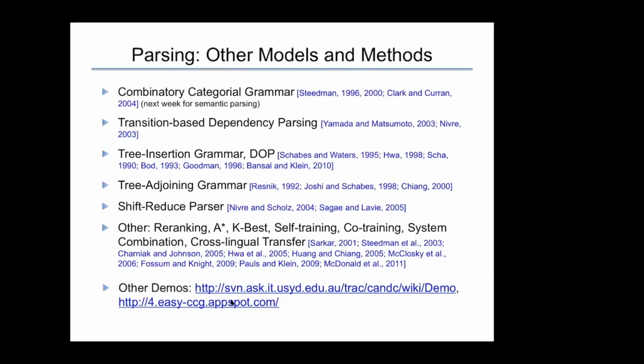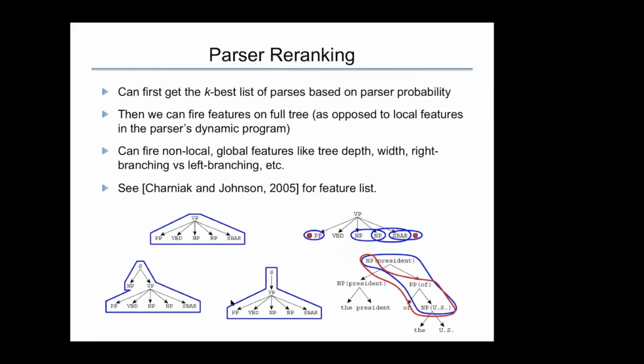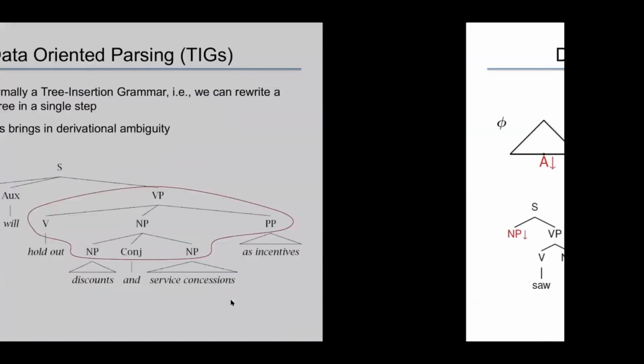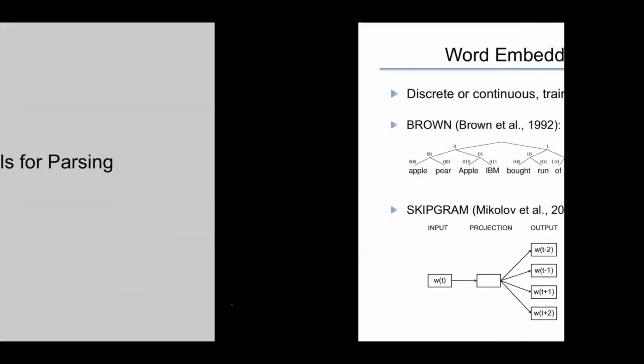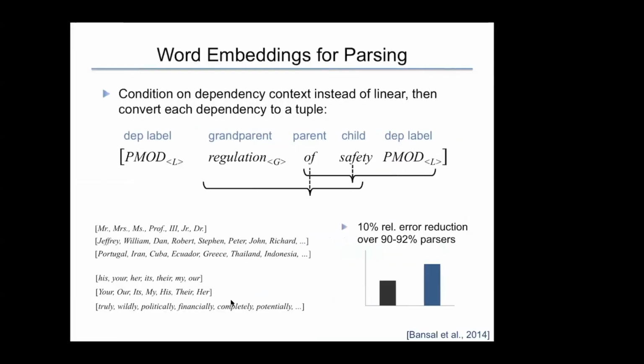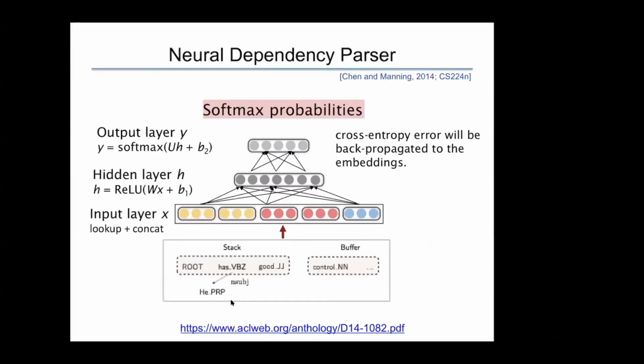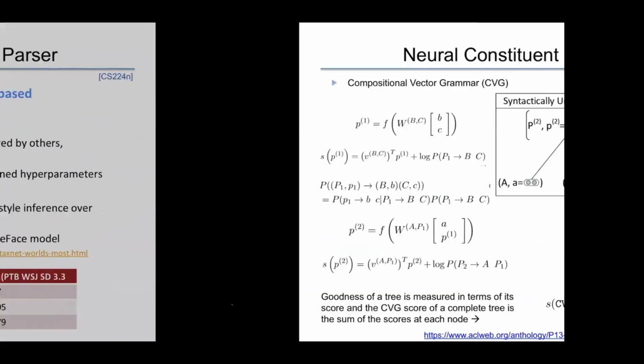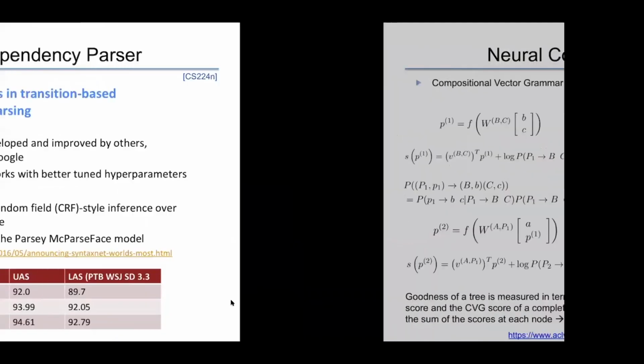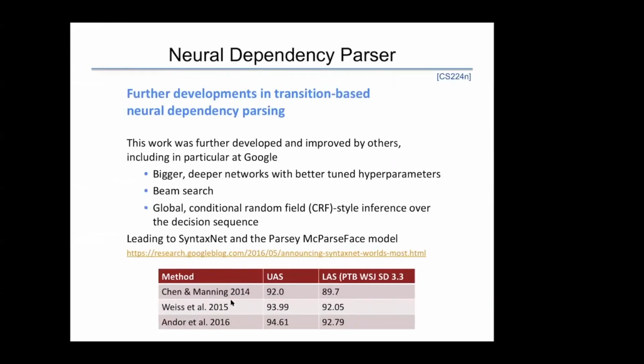These are all pre-deep learning papers, but you will see that in the later slides. You basically have a dependency parser that creates the parse by modeling transitions with neural networks. And I just want to tell you that it's getting pretty high accuracy compared to previous models.